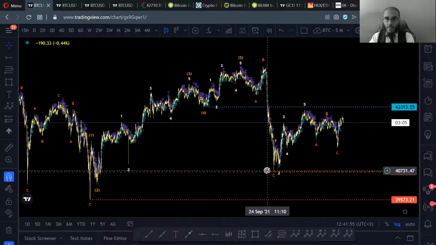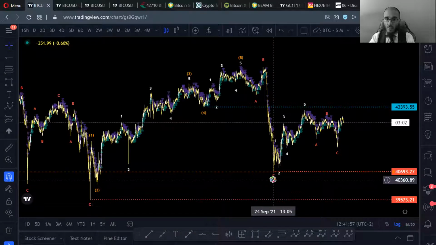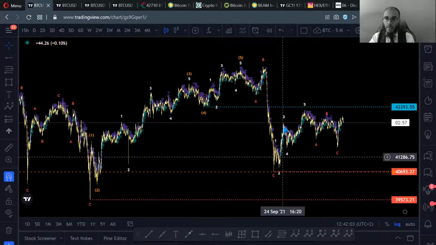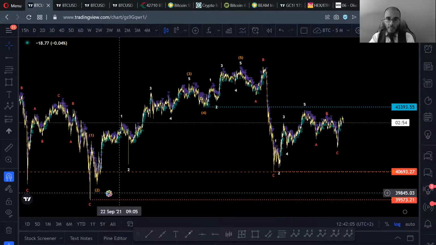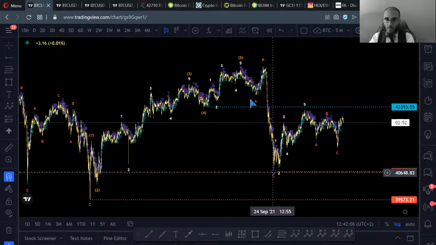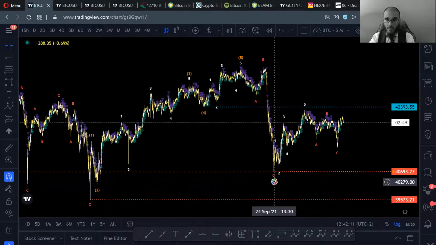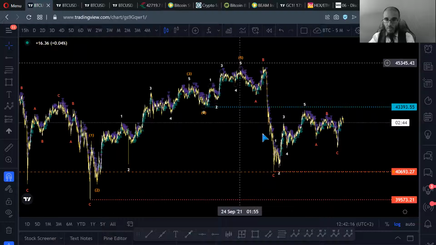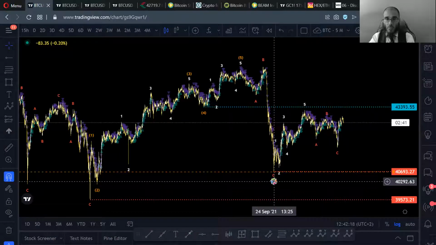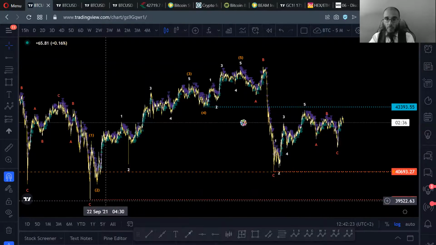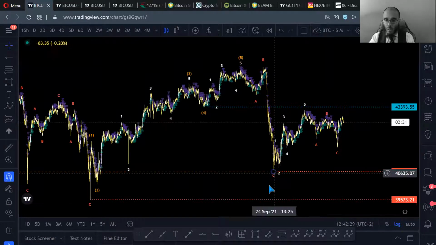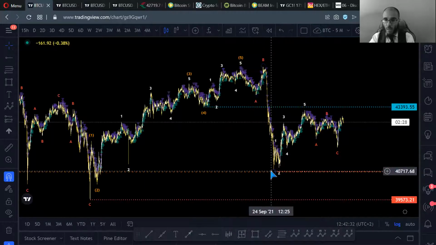Since we did make a new C wave here, a bottom for a C wave, and it looks impulsive here, if you think that the correction of wave 2 is over and the correction should have ended here, because this is wave 1 up to 5, and then you get wave 2 down here. I'll show you on the 3-hour chart in a second. But if you believe that wave 2 has ended here and that we are starting a new impulse wave up, you can move your stop loss from here up to here.